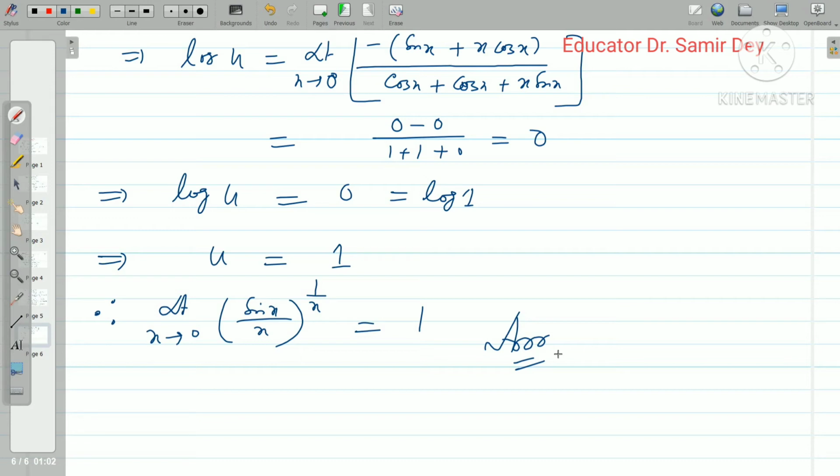Okay, so here this line is very important.